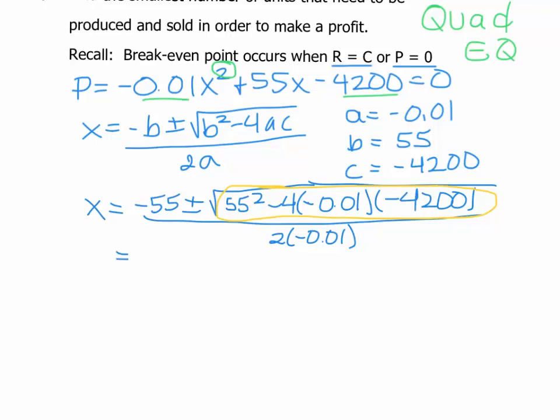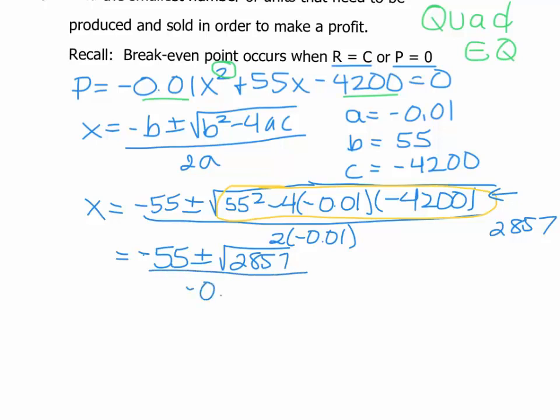When I type that into my calculator, the value of the discriminant is 2,857. So I'm going to have negative 55 plus or minus the square root of 2,857 over negative 0.02. So I need to calculate what these two values are approximately.